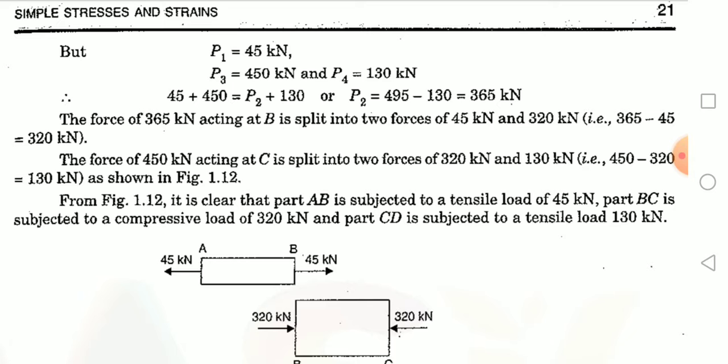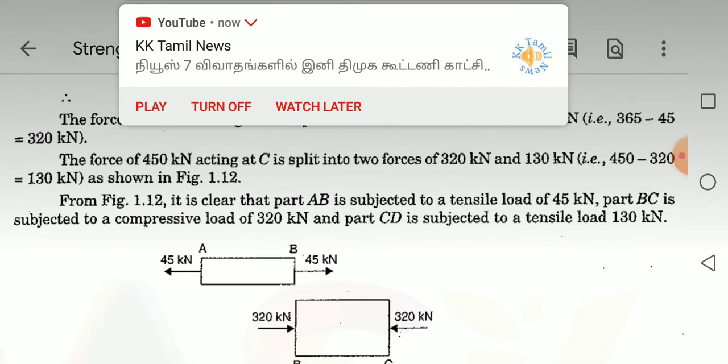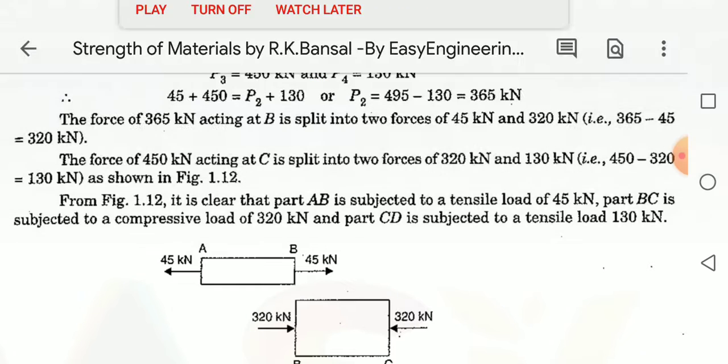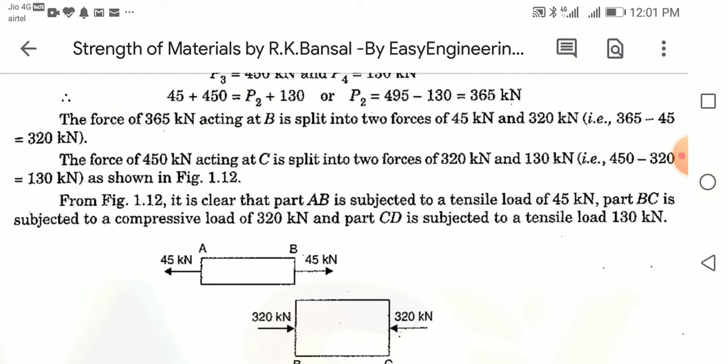How can we find out the equilibrium force shared by the portion BC? See here, the force of 365 kilonewton is acting at B and split into two forces, 45 kilonewton and 320 kilonewton. 320 kilonewton is nothing but 365 minus 45, that is 320 kilonewton, which is compressive force.